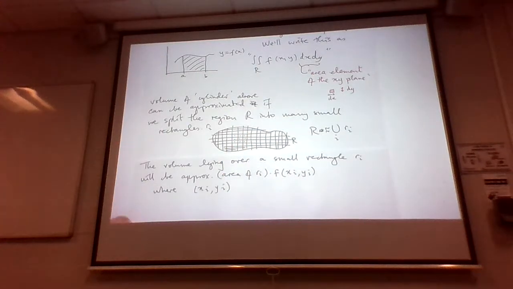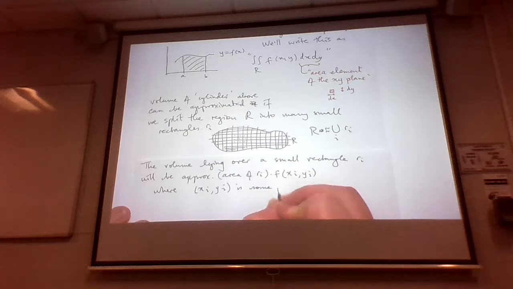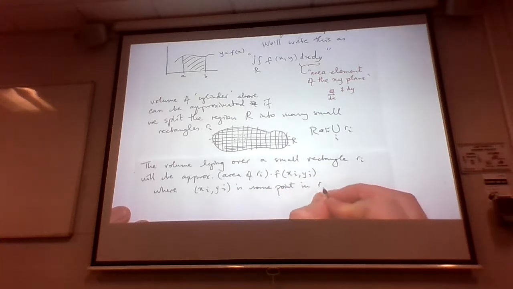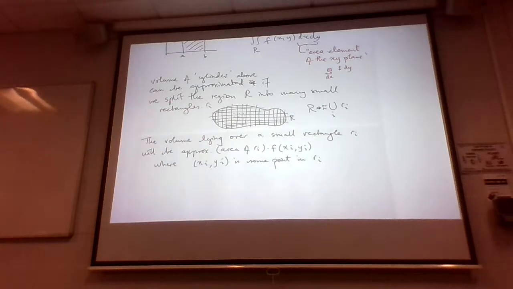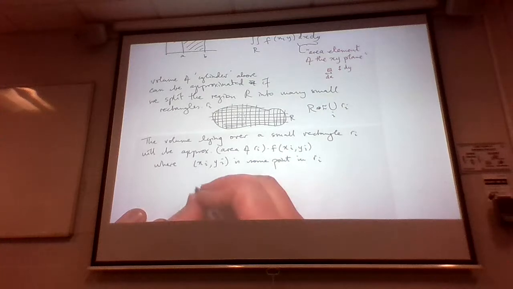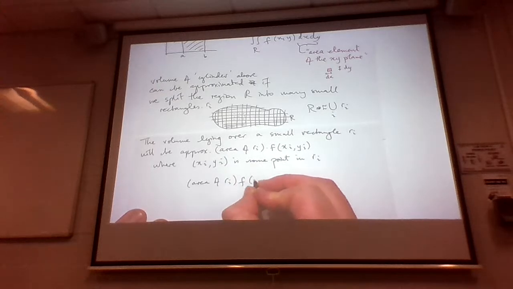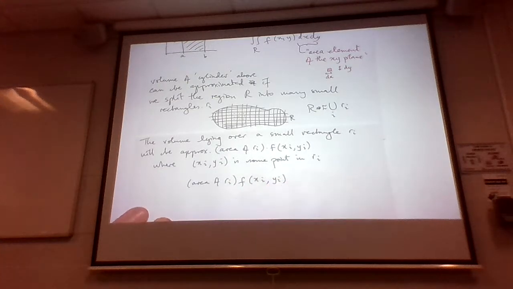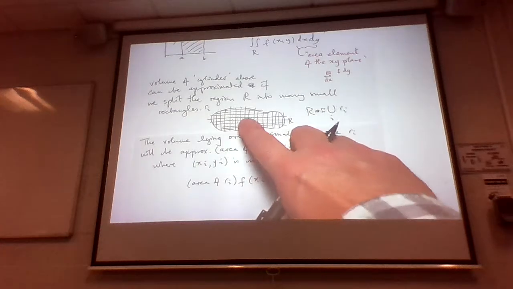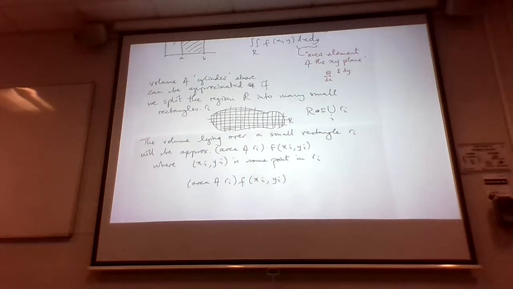We just need some point in Ri. So if I take the area of Ri and multiply it by the height, the value f of xi, yi, which is the height of a portion of the surface that lies above the little rectangle Ri, that gives you one slender, thin piece of the whole volume that we're trying to get at the size of.